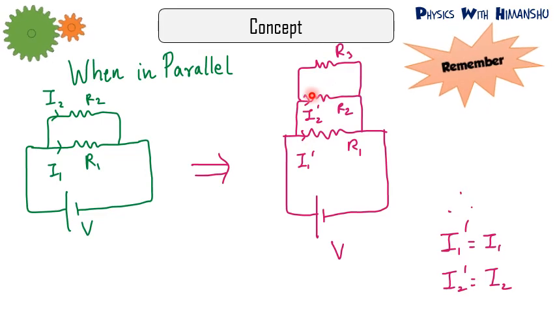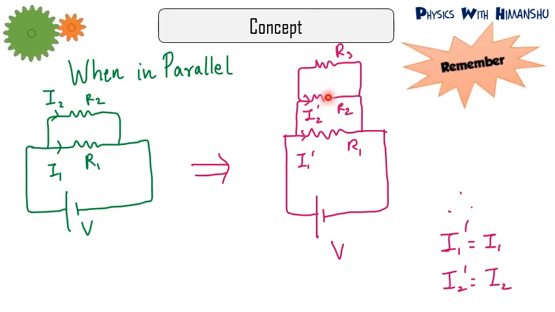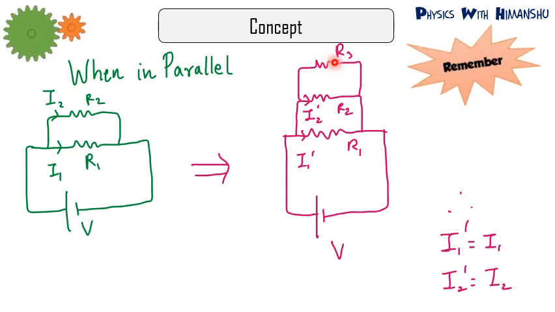So if you are not doing anything with the R2 branch or R1 branch, then the current in them will not change, and if current does not change, then heat will also not change. The reason is that in parallel, the branches are independent. Whatever you do with R2, whether you add another resistor with R2 or remove R2, the current in R1 or R3 will not change. So in a series circuit, if you do anything, the current will change. But in parallel, the current will not change. This is a very important concept while solving MCQs.